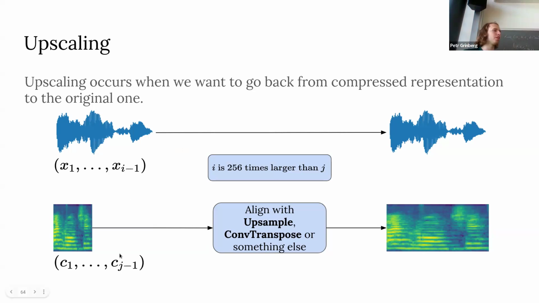The same period of time has only J elements in the Mel spectrogram. So we will use upscaling with transposed convolution to upscale our Mel spectrogram, so its time dimension has the same size as our waveform.